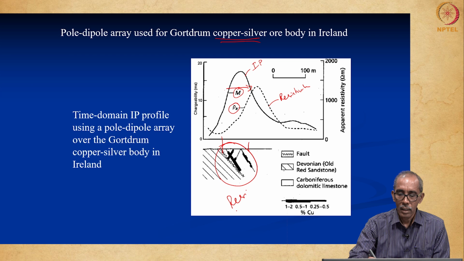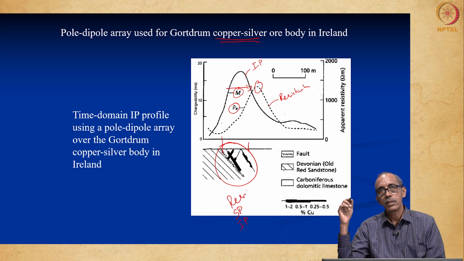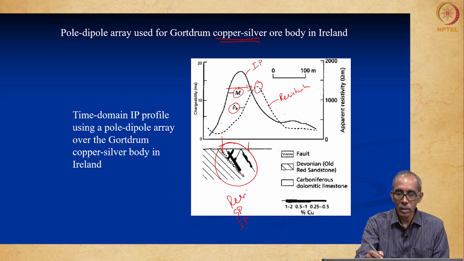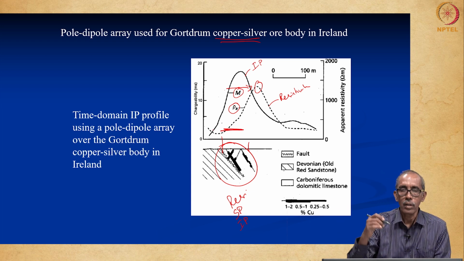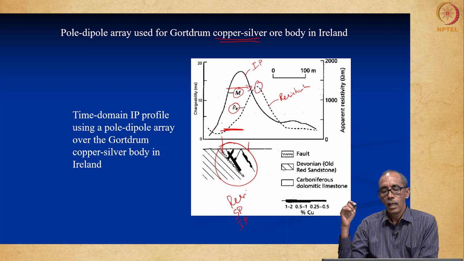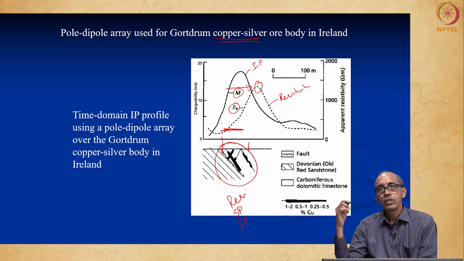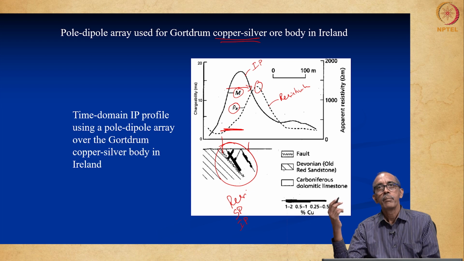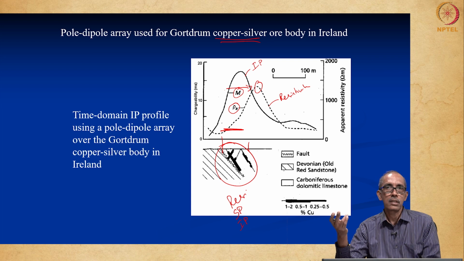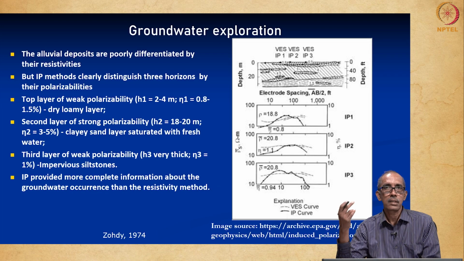Resistivity, self potential and IP method. That is why here they have conducted the resistivity method too. Resistivity was also equally low in this zone, right. So, this is how the induced polarization method helps in delineation of mineral deposits, which is of interest to a mining engineer or an exploration geologist.